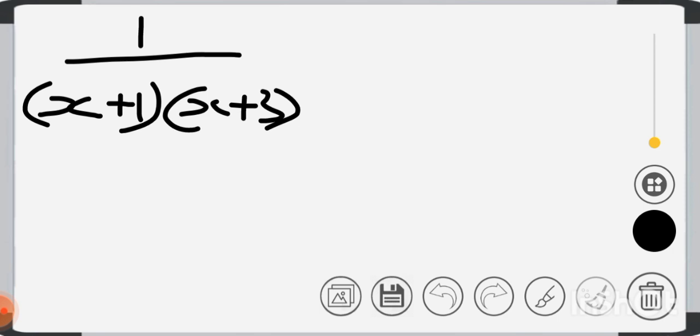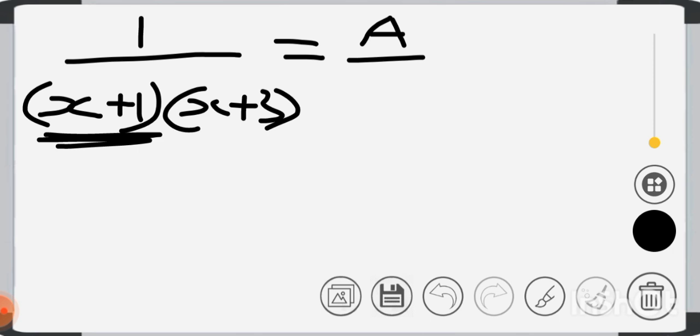How do you do that? Just equate this whole fraction to constants. You take A over the first factor, which is x plus 1.